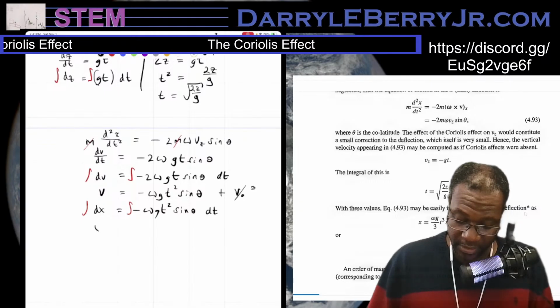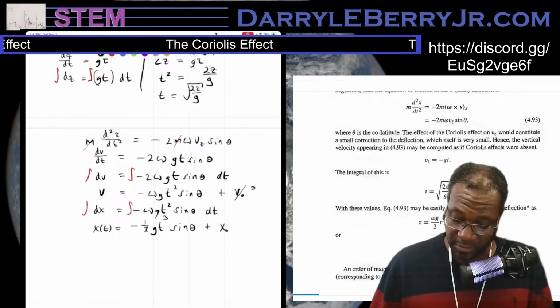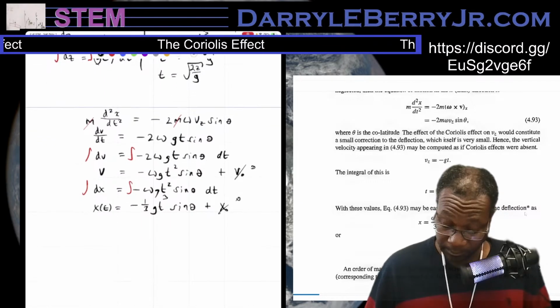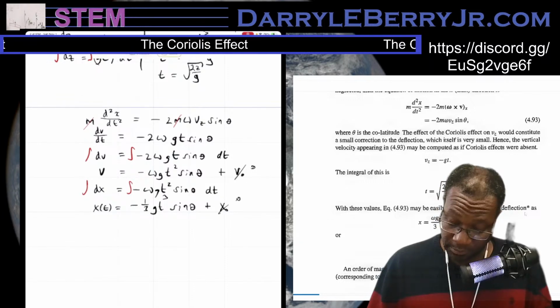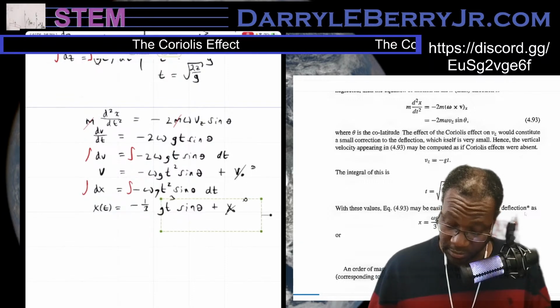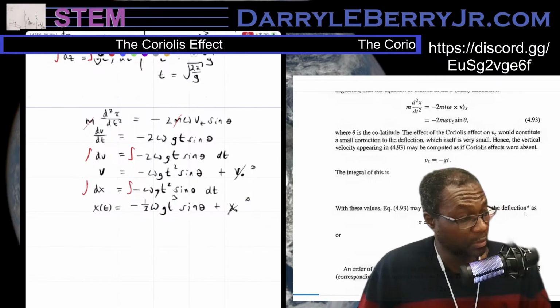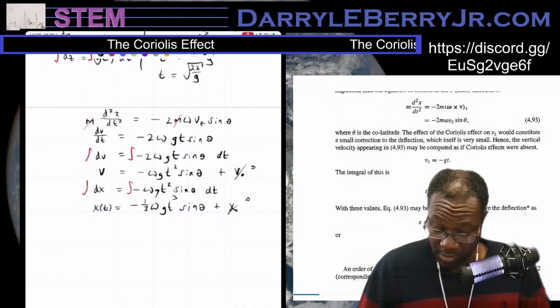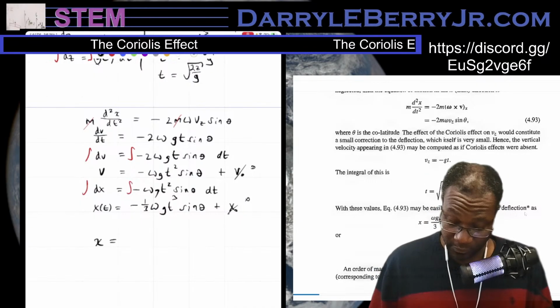So we have x(t) equals negative 1/3 omega g t cubed sine theta plus x naught, which I'll call 0. I left off my omega earlier. All right, so we have x equals.